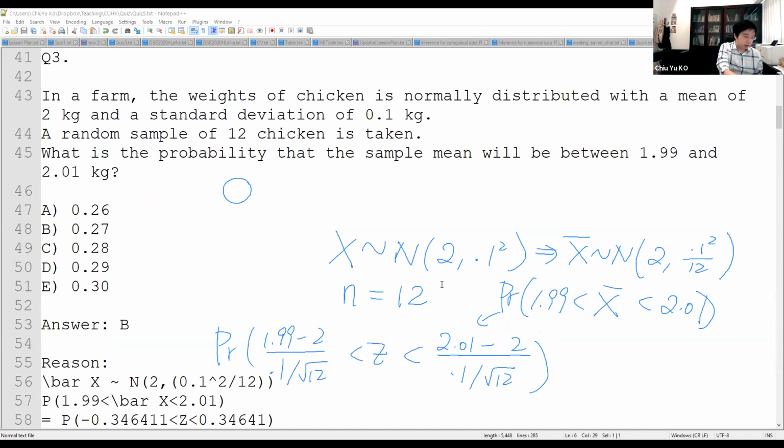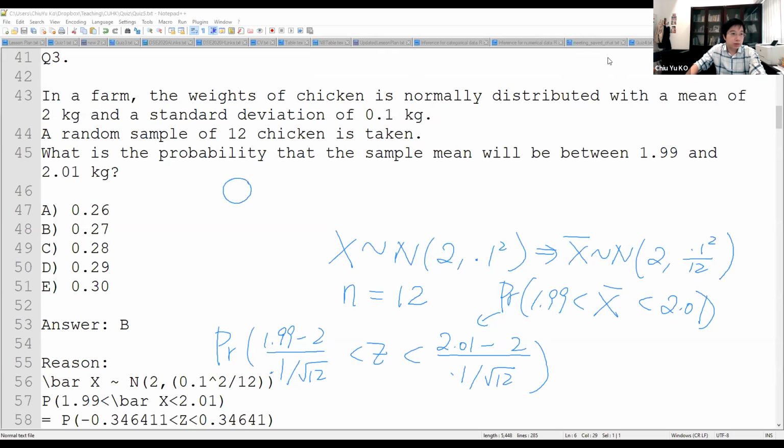Or we can show you in the Excel spreadsheet how we do that. Let me show you this particular question and how we handle it in Excel. So how do we get the answer B?